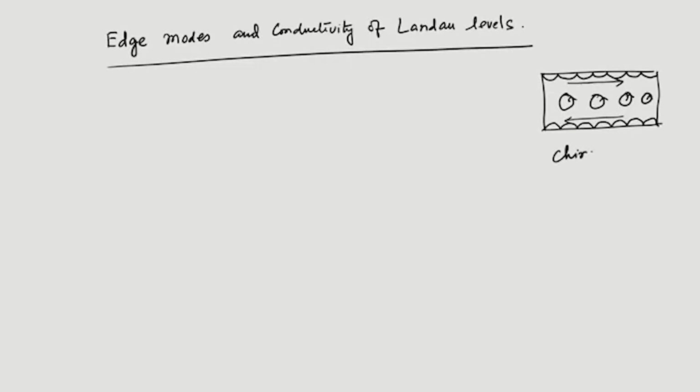Now these are called chiral modes. These chiral modes exist at the boundaries or edges of the sample, and they are called chiral because there is a certain kind of handedness or chirality, which means that they are opposite in direction at the two edges.